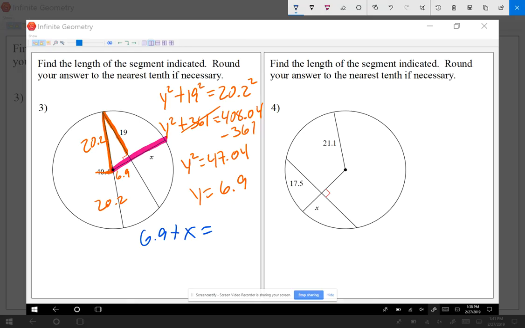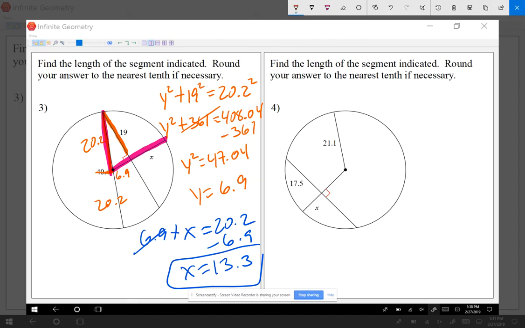Remember, a radius is from the center all the way out. I'm looking at 20.2. So I have 6.9 plus x equals 20.2. Let me subtract 6.9 from both sides. X in this case is 13.3. So I have to solve for a little piece, which I'm going to call y, in order for us to solve for x.